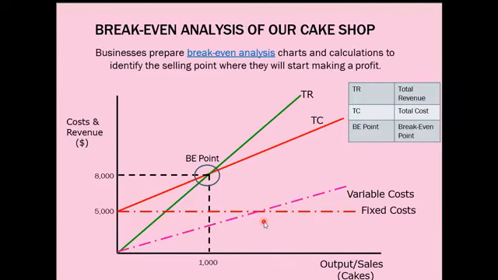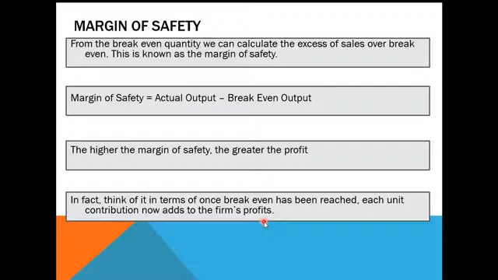Now, let's come back to our table. This is our table now, break-even analysis. We must be able to note the table. There is what we call margin of safety. What is our margin of safety? Our margin of safety is the present sales of the business from the break-even point.